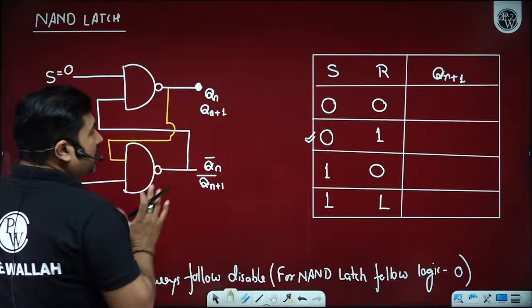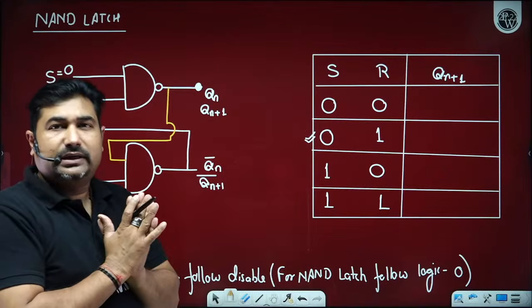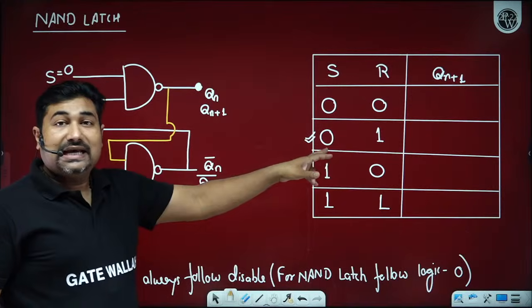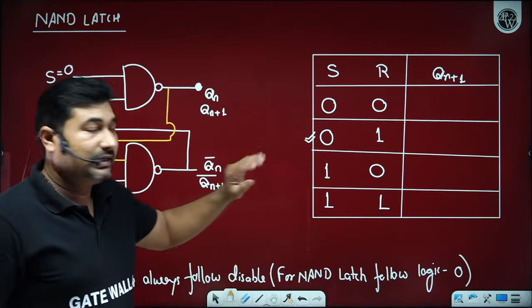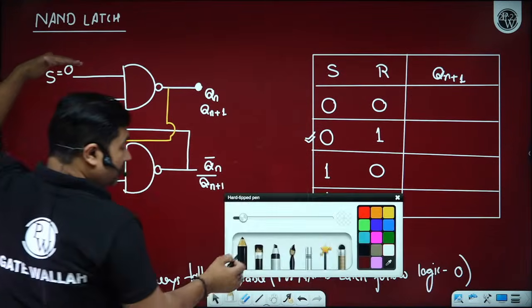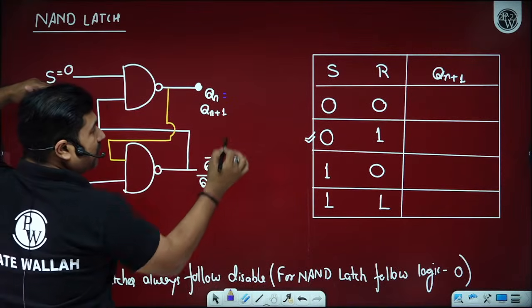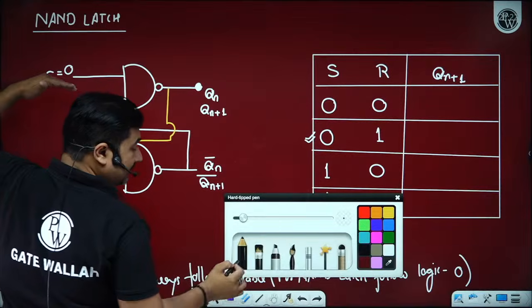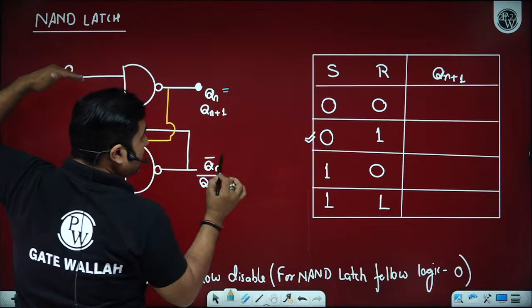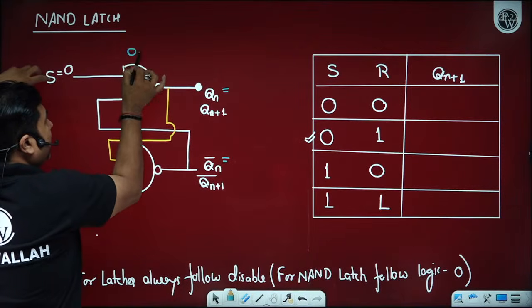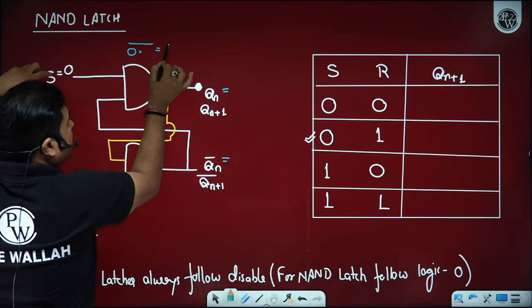I don't need to know what is Qn and what is Qn complement if, of S and R, one of them is 0. Since S is 0, you have to follow 0. It doesn't matter what your previous state of Qn and Qn complement is. If S is 0, then we all know 0 multiplied by anything is 0 and its complement is 1.